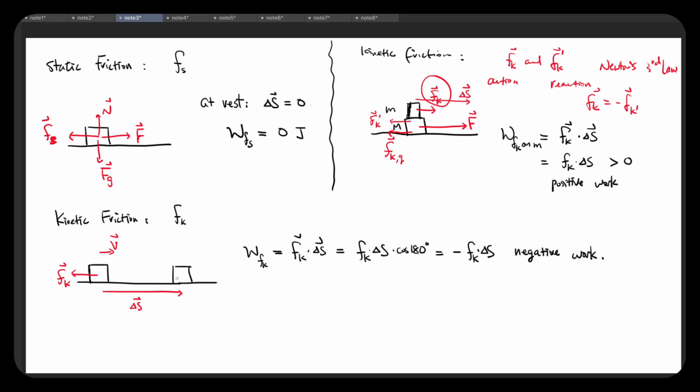Okay, so now let's continue this discussion here. Now let's say I want to look at the previous motion here, the object sliding to the right, and there's a Fk acting on it. Now let's say this object, after it reaches the rightmost position, then slides back with some velocity v', going back.